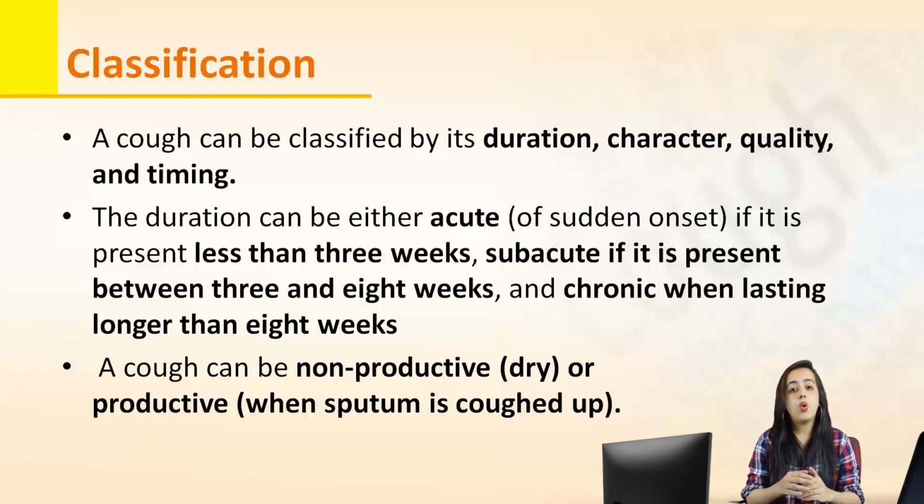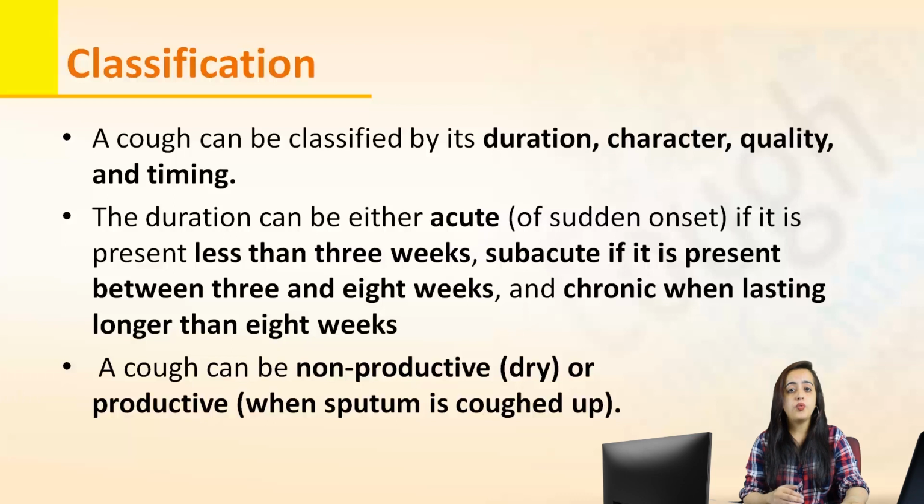Secondly, we can also differentiate cough as dry or productive, as in dry cough where we do not have any expectoration or secretion of mucus, and productive cough where the patient complains of expectoration.